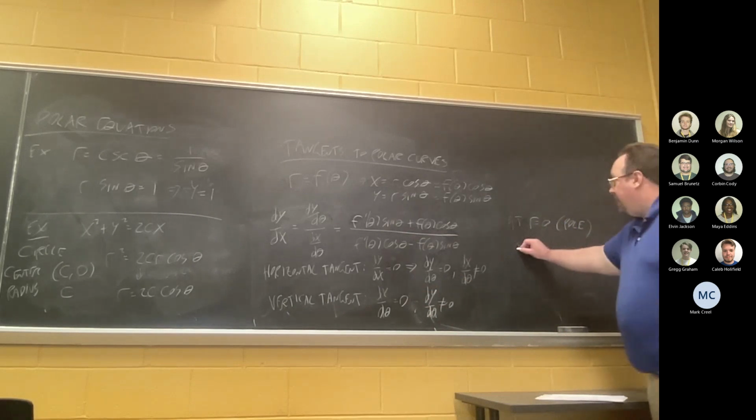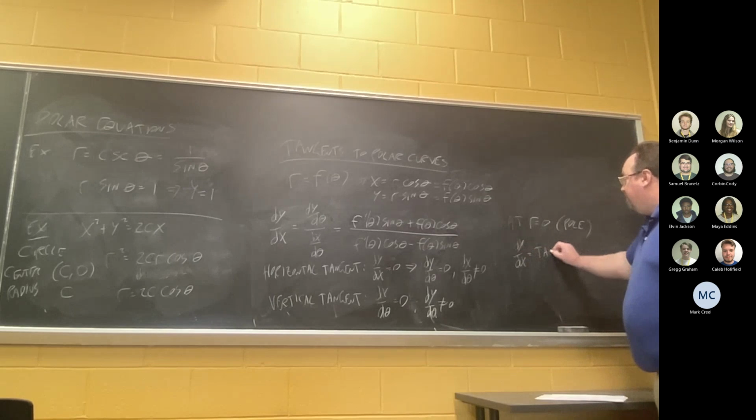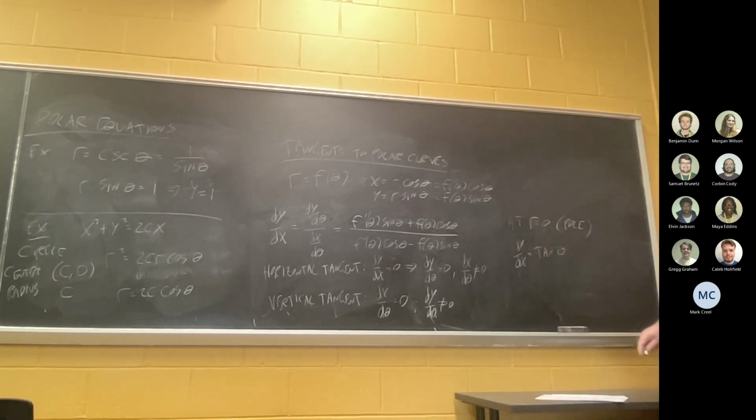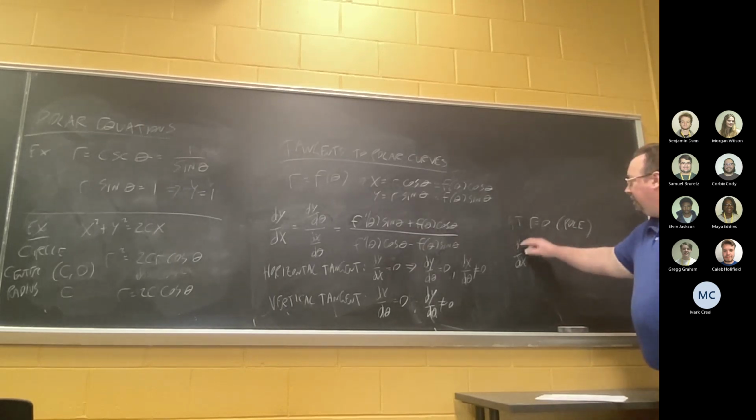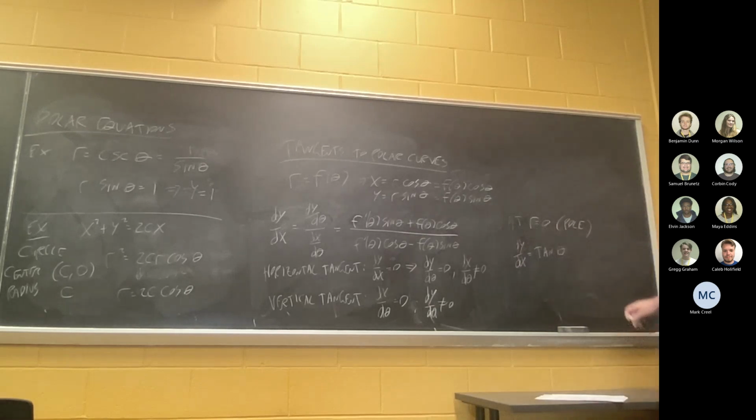So in that case, dy dx is equal to tangent of theta, provided that f prime of theta is non-zero, because if f prime of theta equals 0, you're not able to cancel them out.